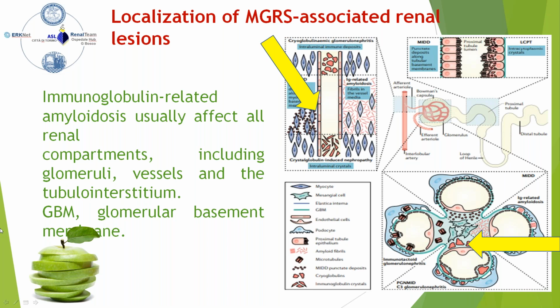Different types of amyloidosis involve different kidney structures. However, the glomeruli and the vessels are the most involved ones.